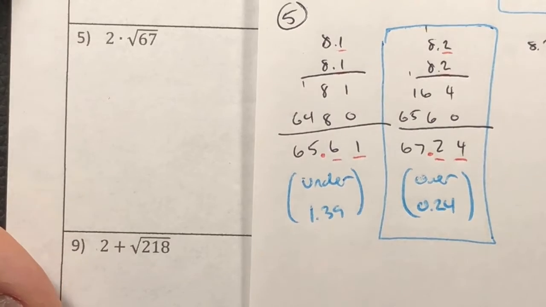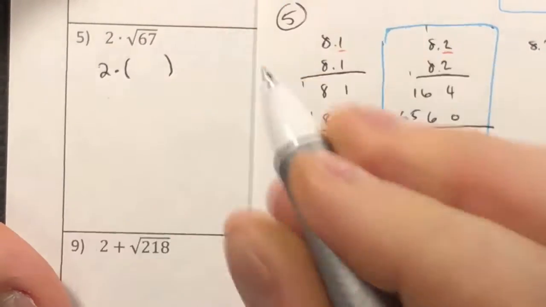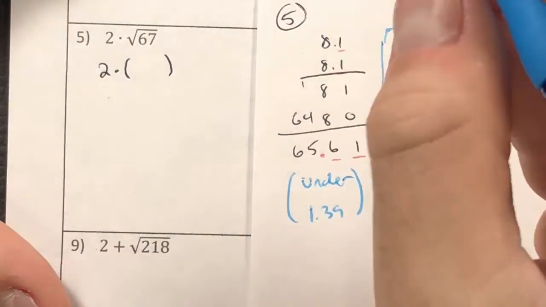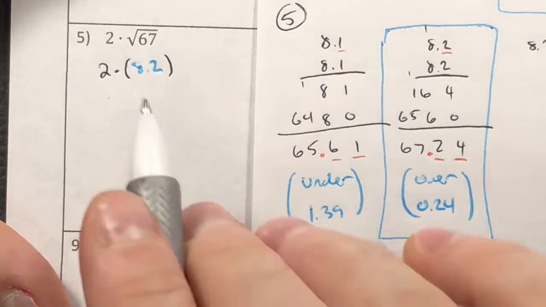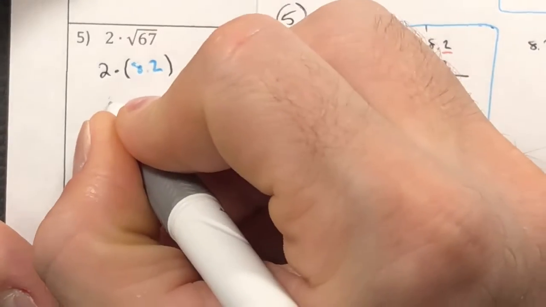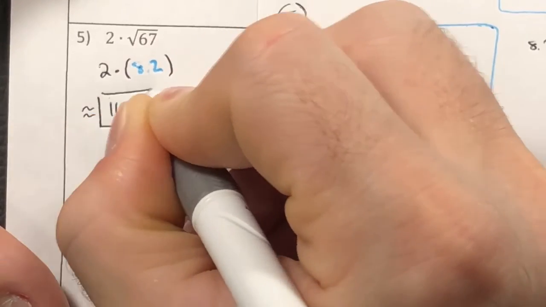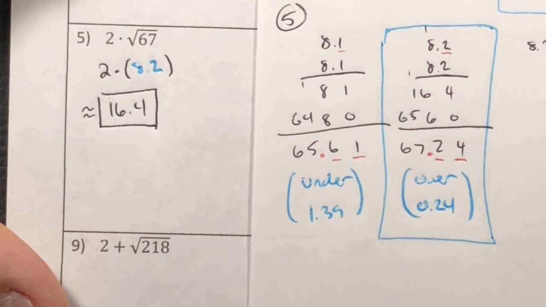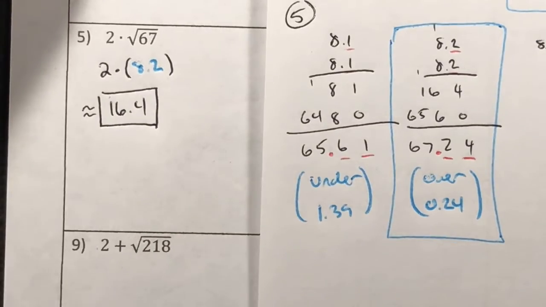So that means that when I work this problem, I have 2 times my best estimate, 8.2. So if I multiply 8.2 times 2, I will get 16.4 approximately. There we go. So we see the process isn't really any different.